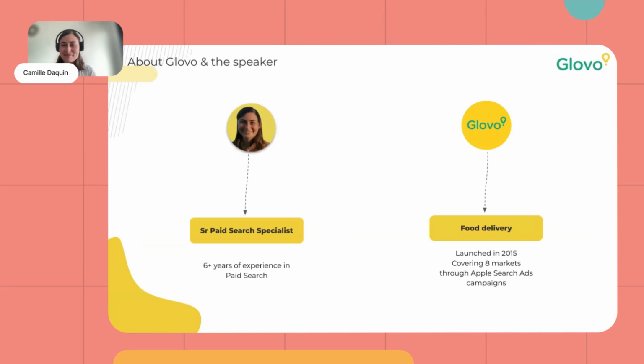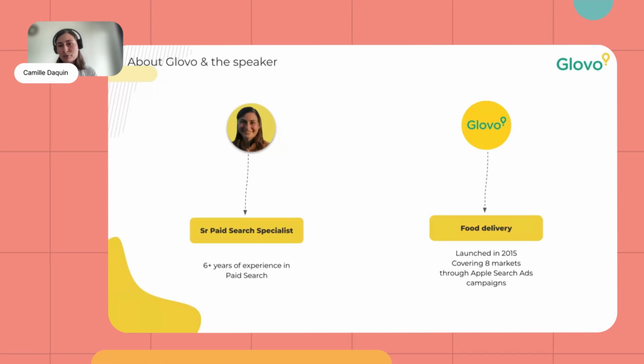So first, a bit about myself. I've worked in paid search for now 6 years. I joined Glovo about 2 years ago as a senior paid search specialist. I live and work in Barcelona, and I've been working with Apple Search Ads for the past 2 years.